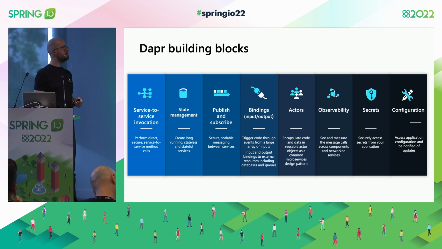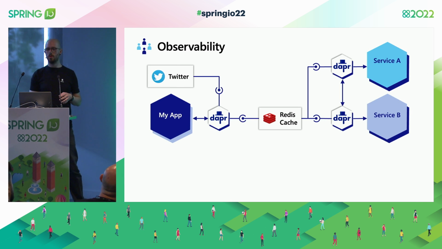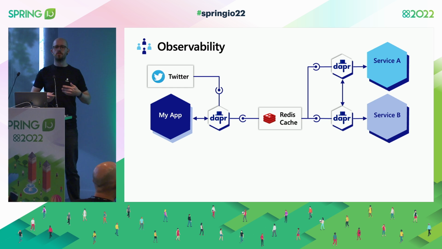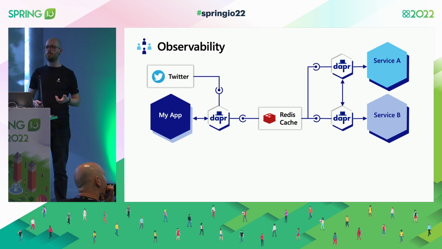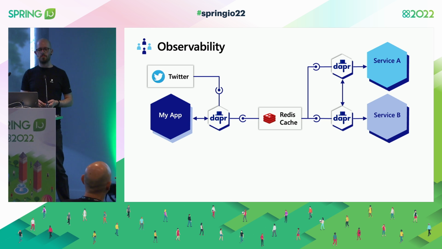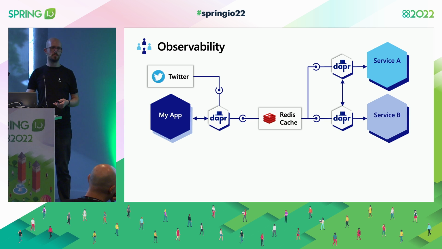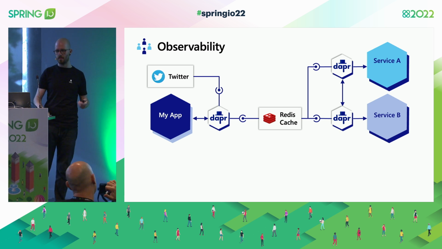Okay, the basics are now covered, and we will head on into a personal selection of other features that are implicitly included in Dapr, right? So, for instance, we have observability. That's something with Spring Cloud you would need to have to configure at least and implement to some extent.